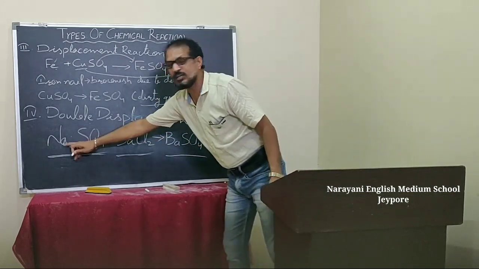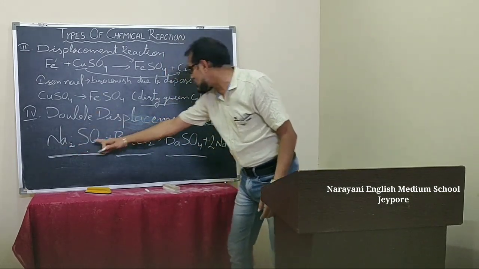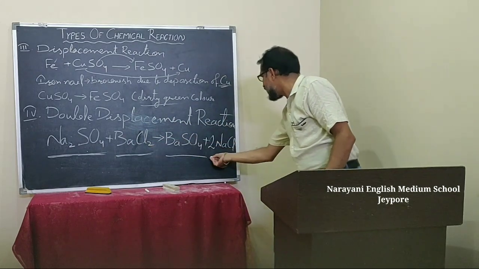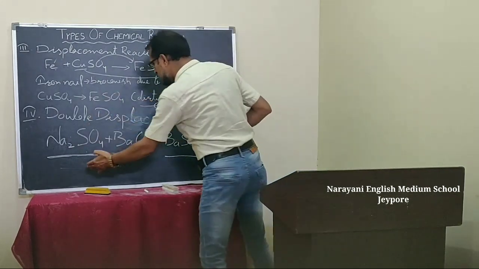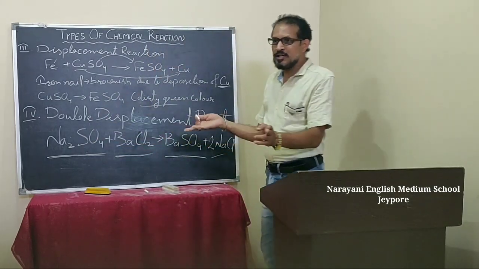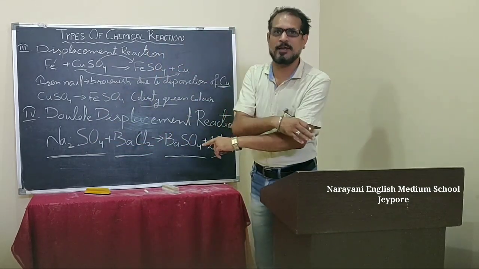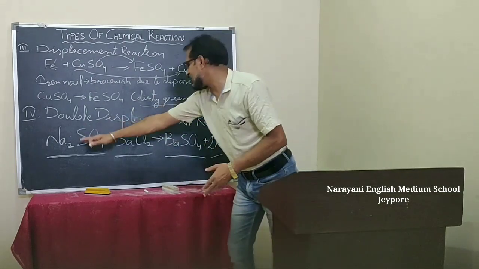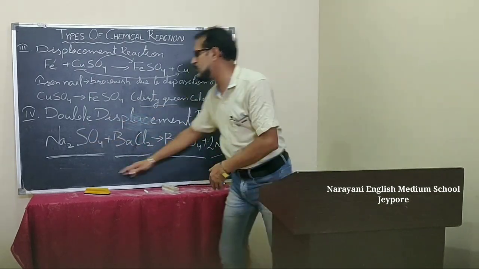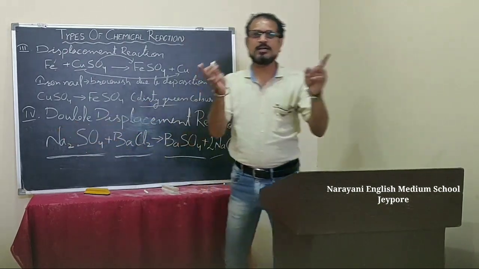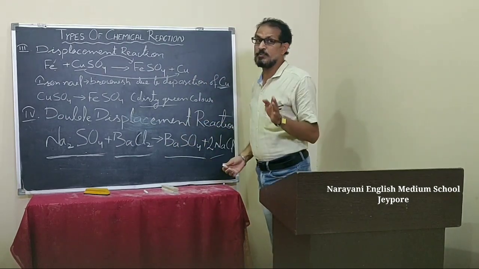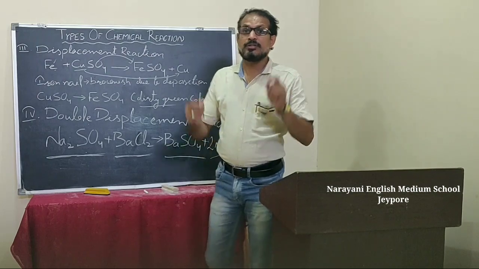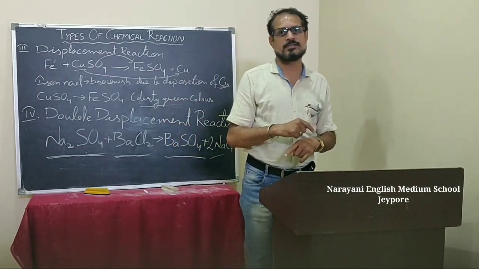Similarly, sodium is much more reactive with chlorine. So in one way, the sodium and barium changed their places. Na2 came over here, Ba went there. So here we come across double displacement reaction in which the reactants change their places.